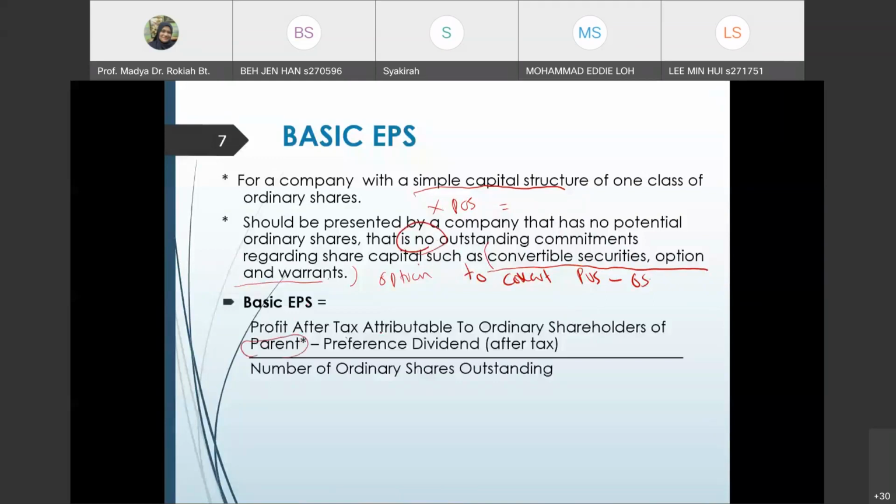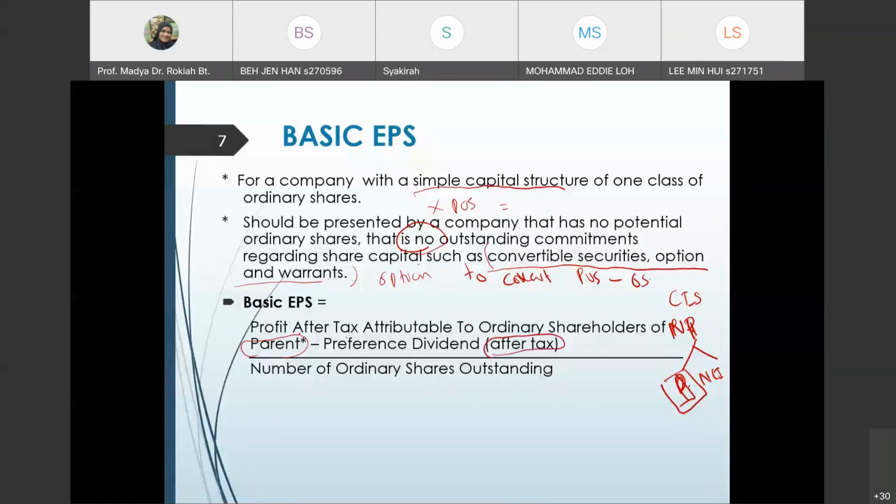If you remember, in your consolidated income statement you have net profit, which has an element attributable to the parent and an element attributable to the NCI. Now we look only at the parent's portion, the profit after tax of the parent minus preferred dividends. The preferred dividend needs to be after tax, because this profit is already after tax.